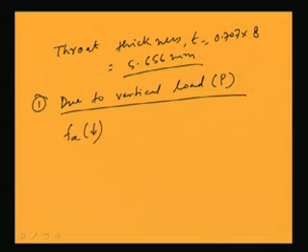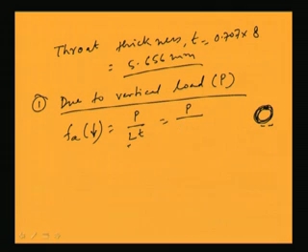This will basically be P by L into T. L means the length of the welding, so the total length, which can be calculated as pi d.